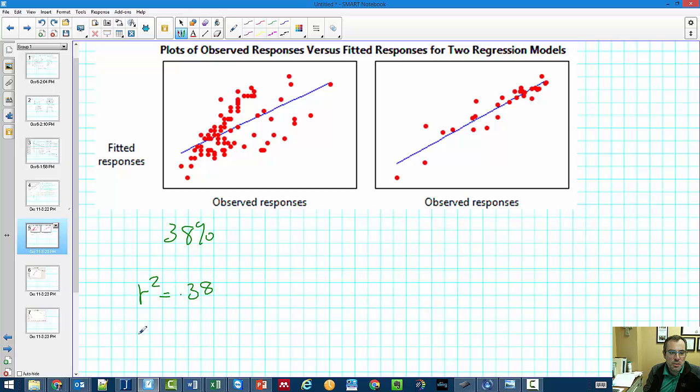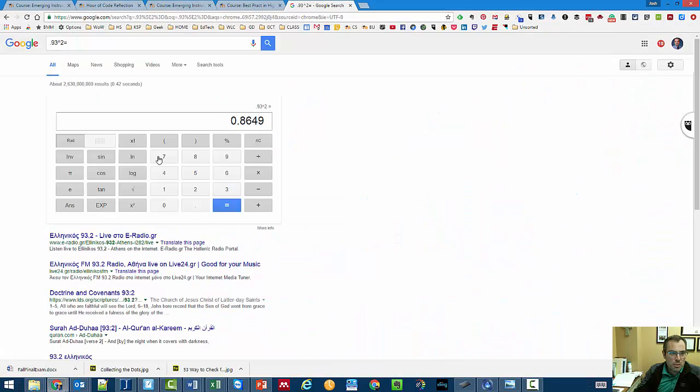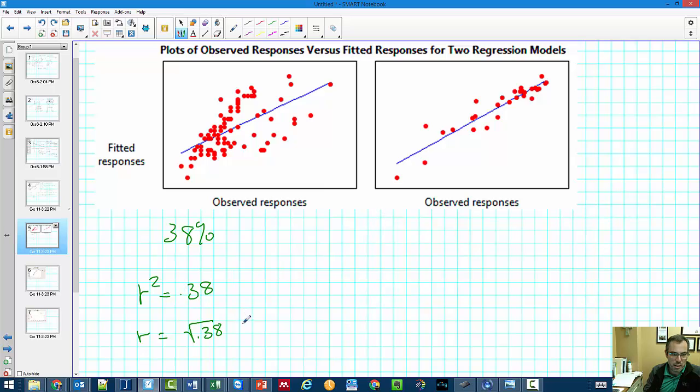And if I go backwards, that means R is the square root of 0.38, which ends up being about 0.61. So this would have had a correlation value of 0.61, but it has an R squared value of 38%. 38% of the variation is explained by this model.